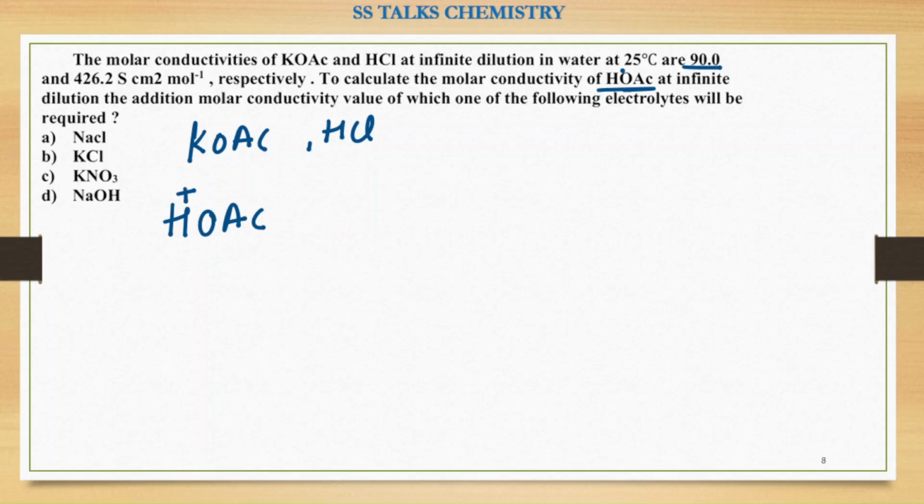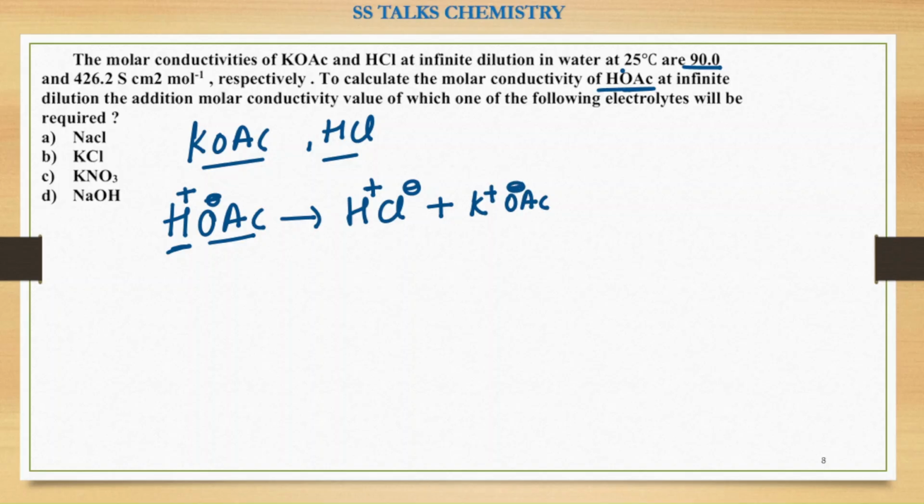So that means H+ ions we need and the acetate ion we need. That H+ we can get from HCl, right? From HCl you will have H+ and Cl- present, and the OAc- we can get from the KOAc value, that is potassium acetate, so K+ and OAc-.